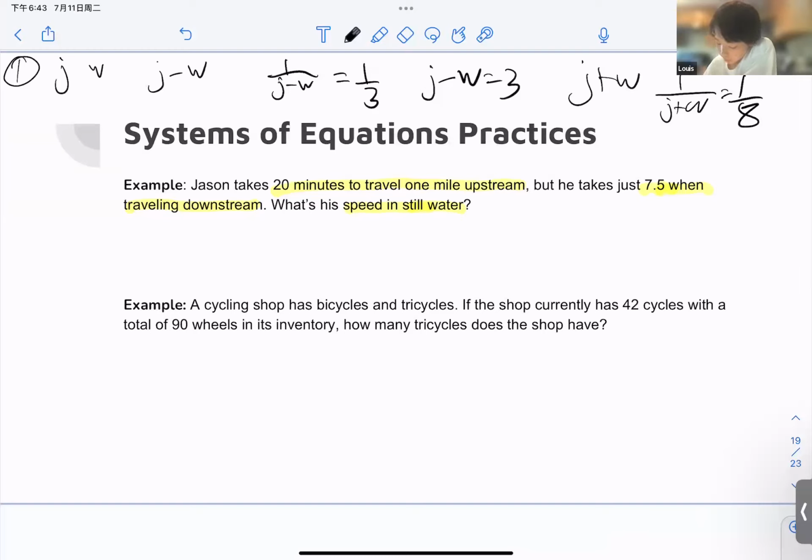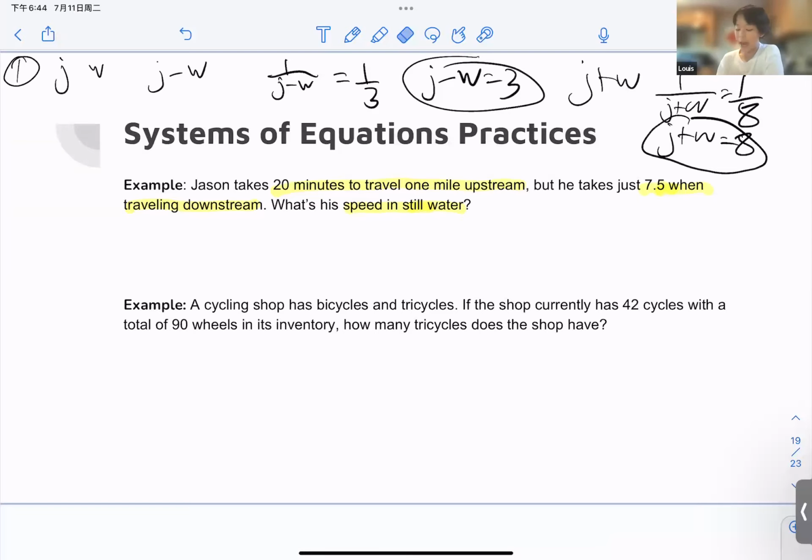So therefore, J plus W equals 8. So solving these two equations, we add them together to give us 2J equals 11. So J equals 5.5. Questions for the first problem?